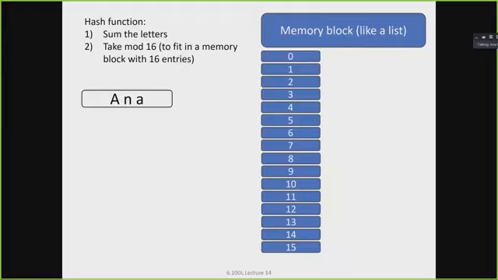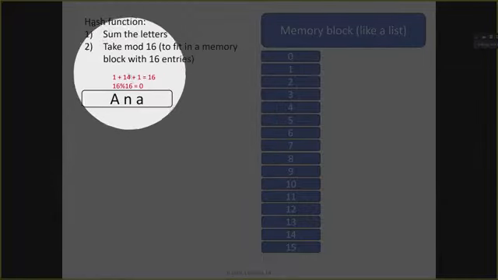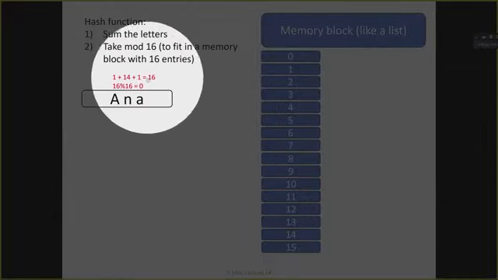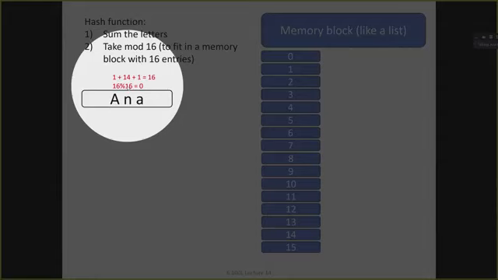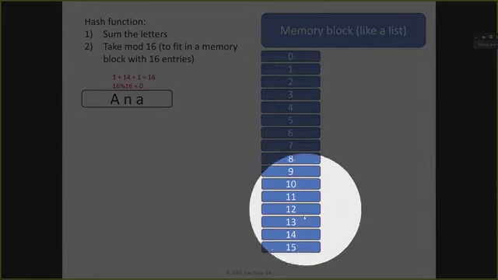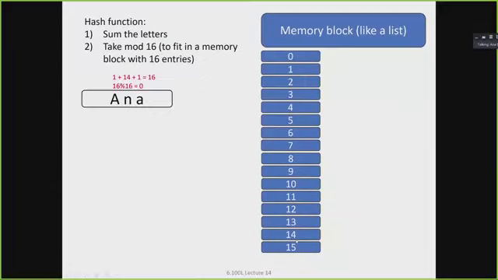So a simple hash function we might do is to say, well, I'm going to take A and map it to 1, B map it to 2, C map it to 3, and so on. I can sum all of those numbers associated with my letters in my name, 16, and then I can mod it with 16, which is how many entries I have in my memory. So if I mod it with 16, that's going to give me a number 0 through 15.